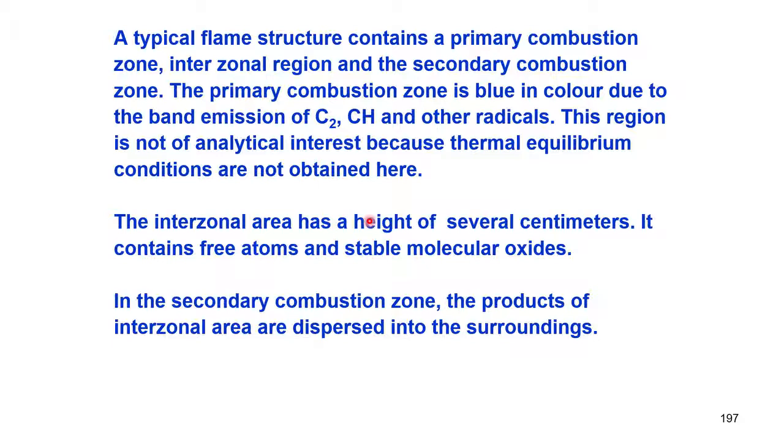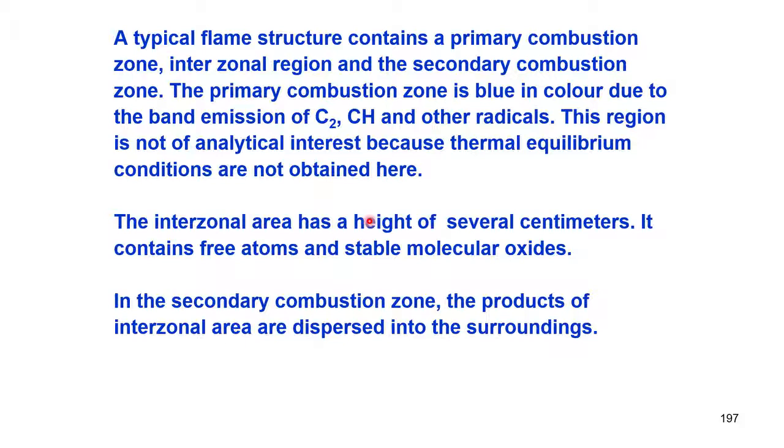For atomic absorption spectrometry, we need about 1 to 3 centimeters, which is more than enough, because only in that range do we need to pass the radiation. That means we have to adjust the height of the flame so that it passes through the radiation coming from the hollow cathode lamp.